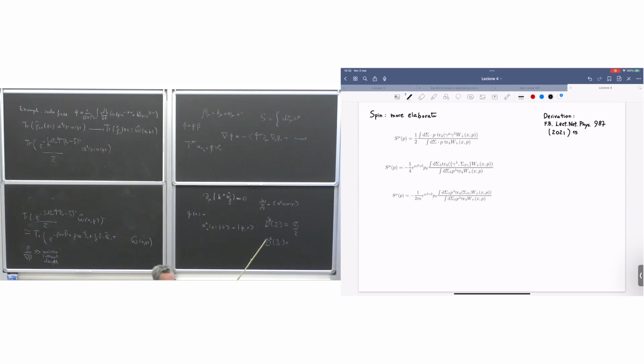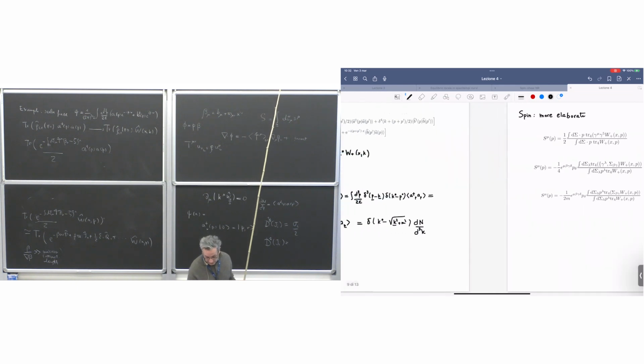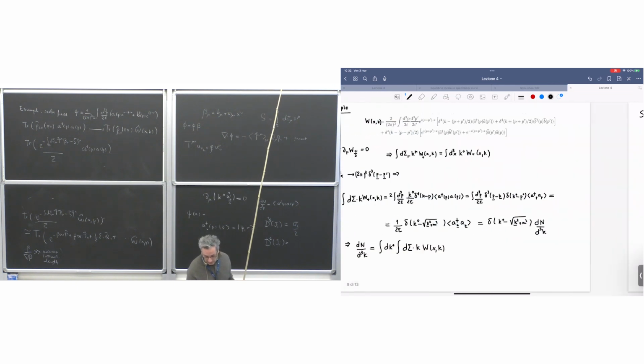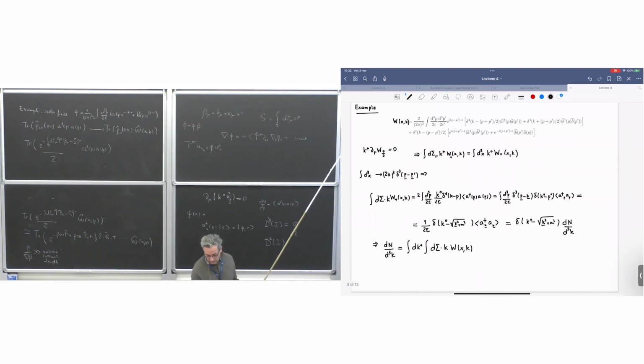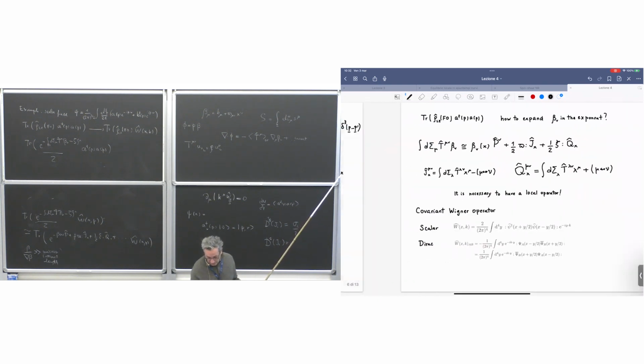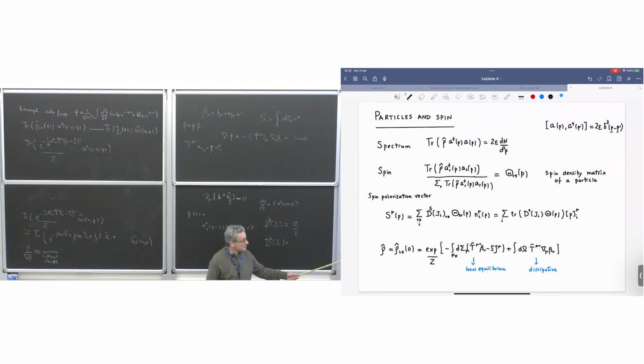The spin polarization vector is also measurable in heavy ion collisions for lambdas and xi's and omegas, hyperons, and it is quite an important observable. So the first step is to relate the spin polarization vector to the Wigner function. This is more elaborate than for the spectrum, for sure, but it can be done. The definition, as you have seen here, is more complicated.